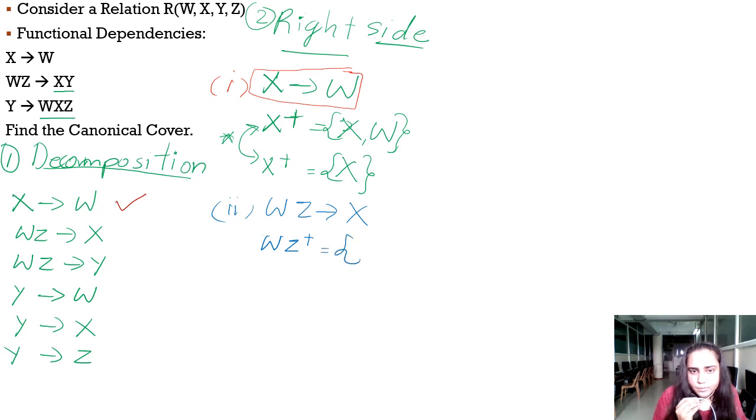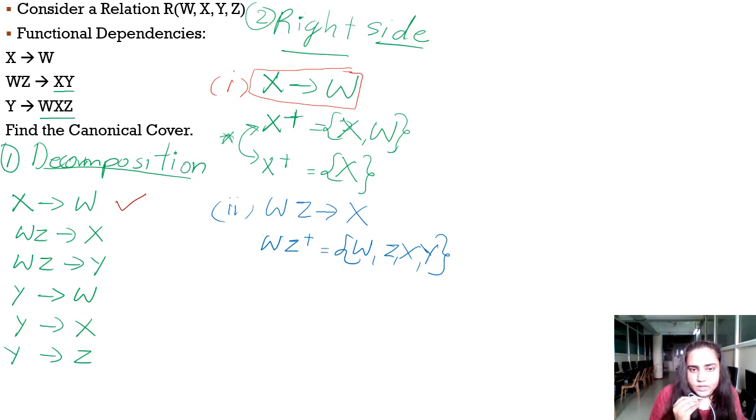If we keep this dependency, we get WZX. We will also get Y. I'm going very quickly; if you don't know how to calculate closure, you can watch the previous video, linked down below. So WZXY, and then using Y, W. So I actually got all the attributes. I don't have to do anything. This is a candidate key.